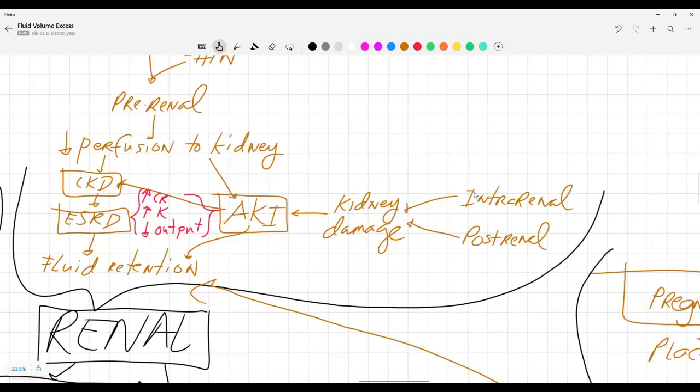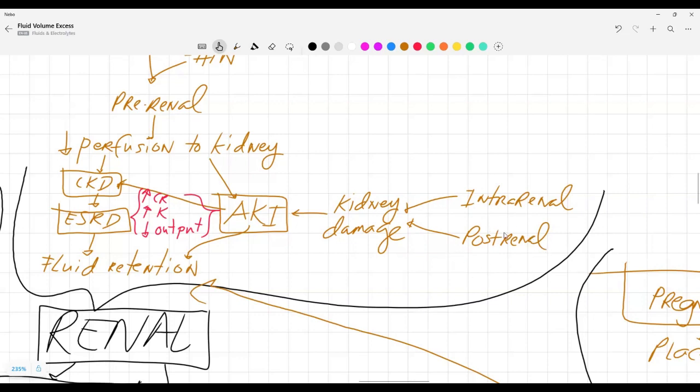Intrarenal is something that had happened to the kidneys themselves. For example, nephrotoxic drugs, such as vancomycin, anti-tubercular medications, in CKD, chronic use of NSAIDs or aspirin or COX-2 inhibitors, which are also NSAIDs.